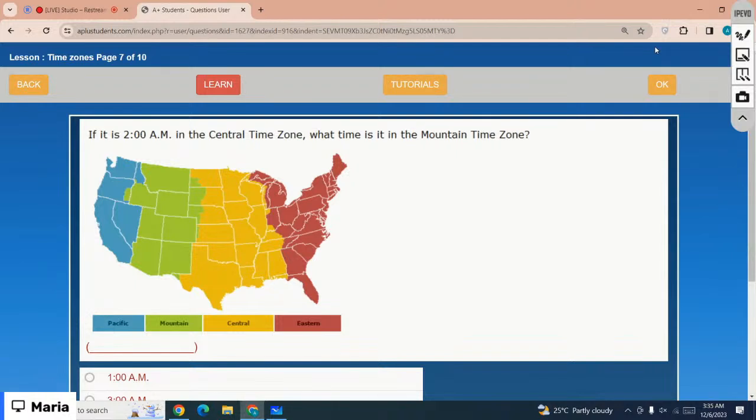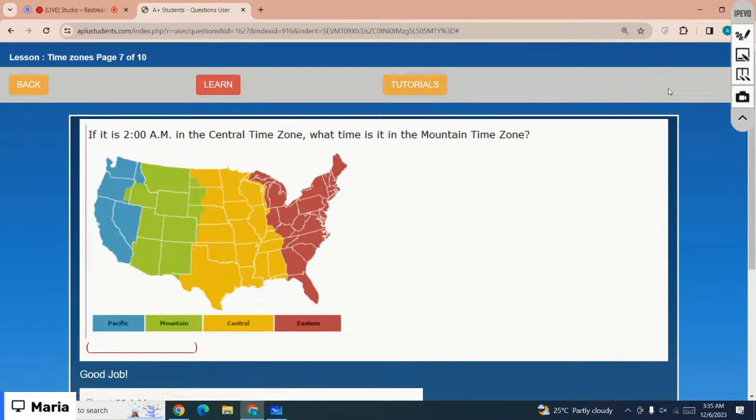So the correct option is 1 a.m., right? Very good.